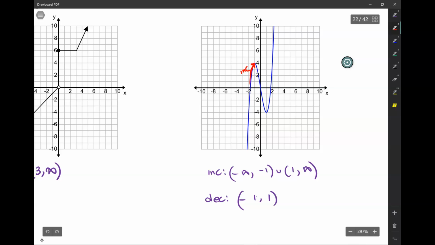And then right at that point, this starts to decrease. So at this point, the function changes from increasing to decreasing, right? So it was going up and now it turns around and goes down.